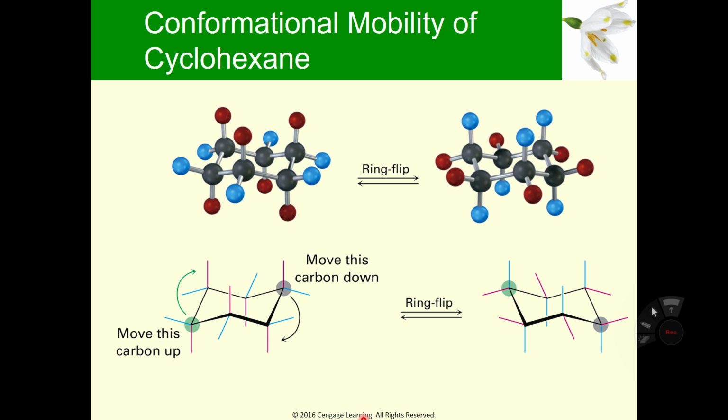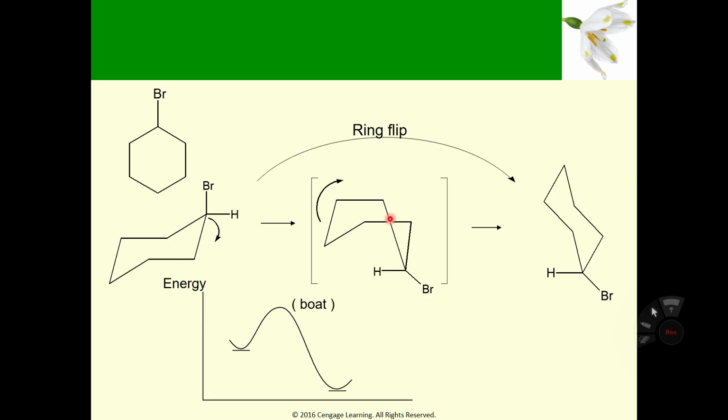This ring flipping occurs frequently in the cyclohexane ring. Even if it undergoes ring flip, one chair conformer will be converted into the other chair conformer. So, for example, let's think about the ring flipping of a monosubstituted cyclohexane. This is bromocyclohexane, monosubstituted, right?